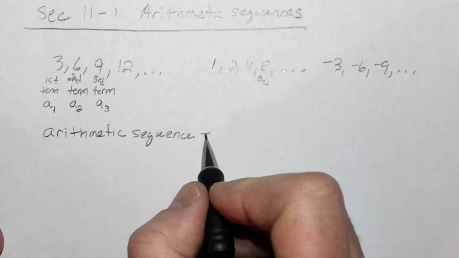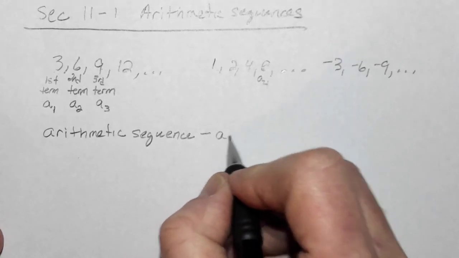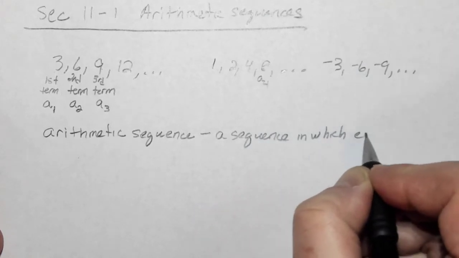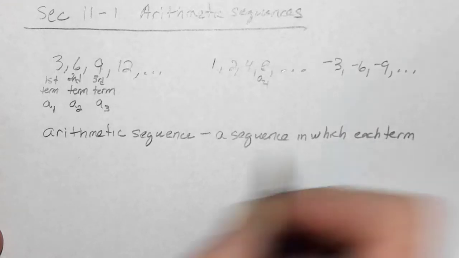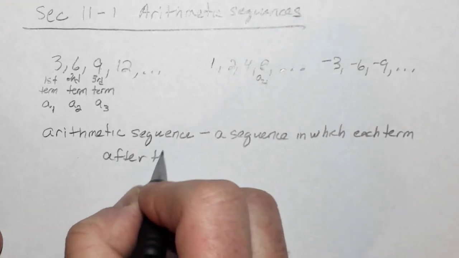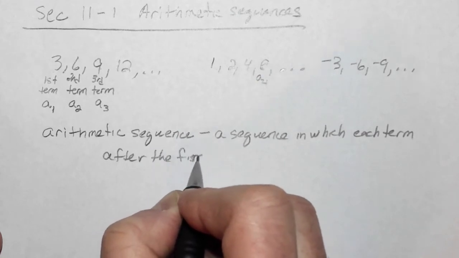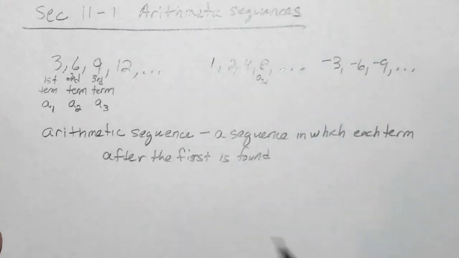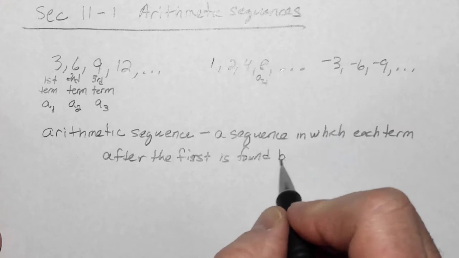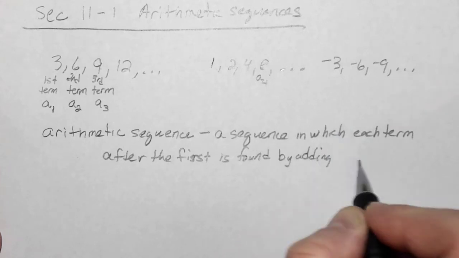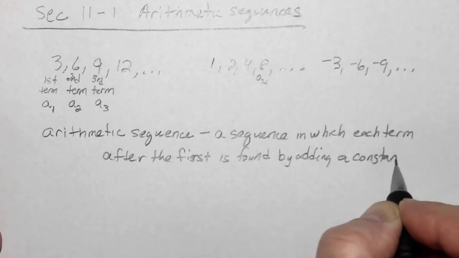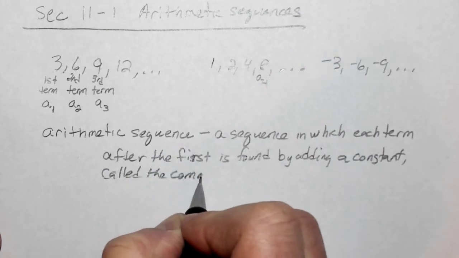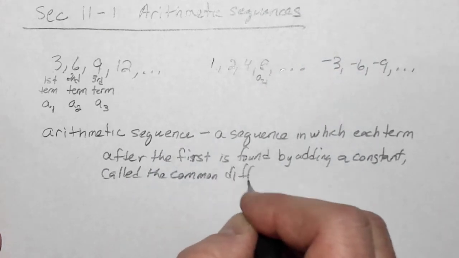An arithmetic sequence is just a sequence in which each term after the first is found by adding a constant called the common difference.